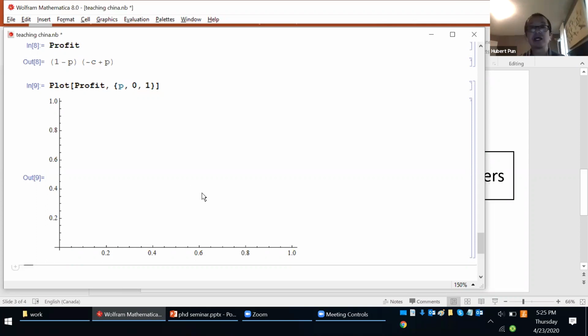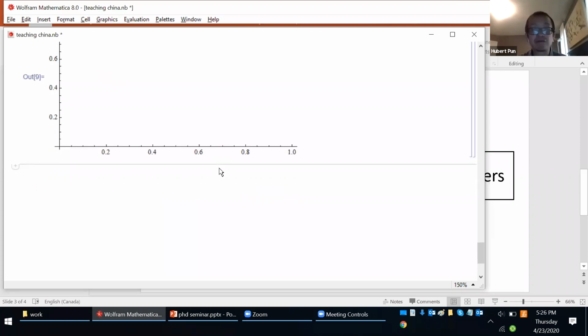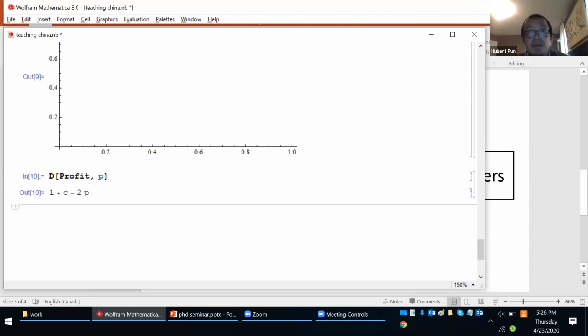But still, we can do the calculation. So the first step is to take the derivative of profit with respect to P, which is what we have done before. If I do shift enter, I would have 1 plus C minus 2P. So that means the graph of the profit would have the slope 1 plus C minus 2P.